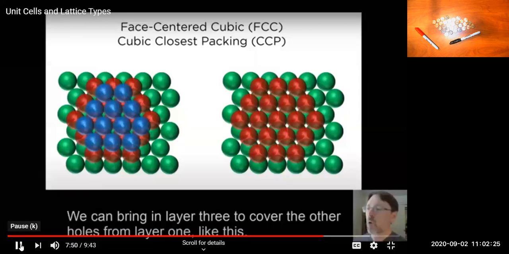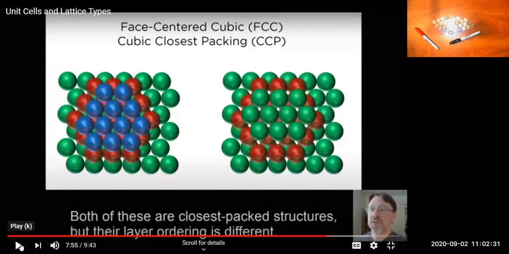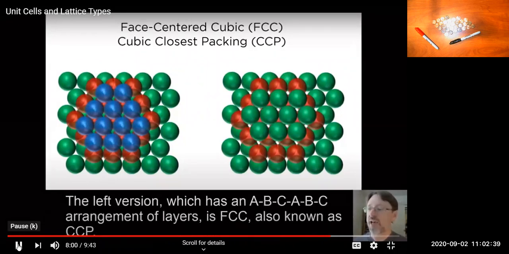Whereas on the right-hand side, we're bringing it in directly over the green atoms. So the left-hand side is the cubic close packing, or face-centered cubic, which end up meaning the same thing, even though they're emphasizing different aspects of it.